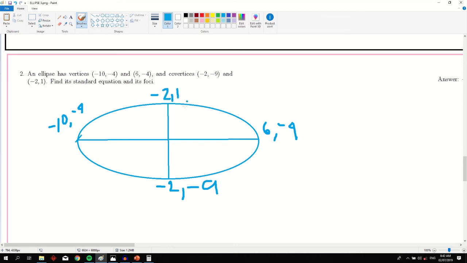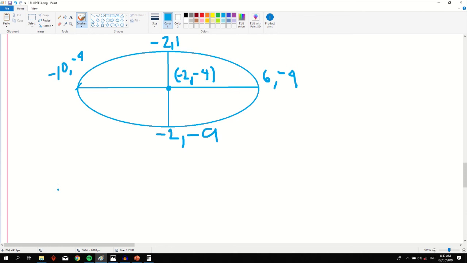So we have these covertices. Now we all know that the center is very easy. The center should be negative 2, negative 4. So we now have the center.